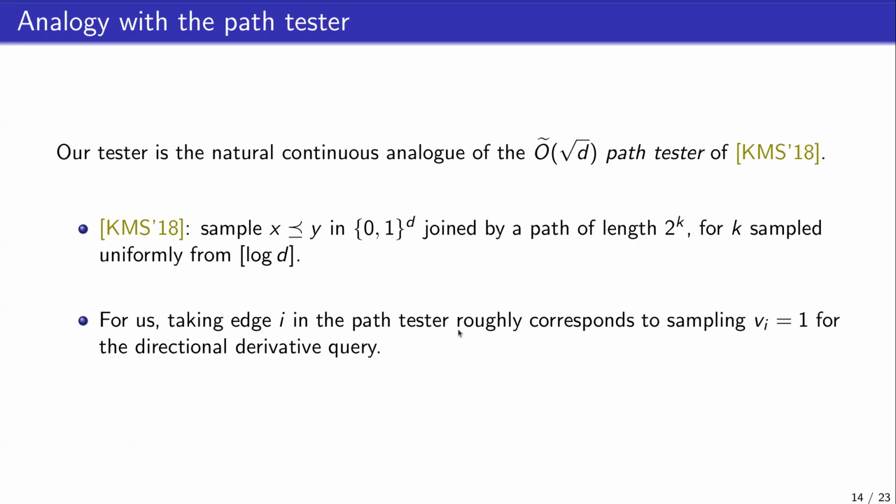Here, I'm choosing a length to the decay to be the number of entries in my vector v, in my directional derivative query. And then choosing the edge I in the path tester seems to be equivalent to choosing direction I in my directional derivative query. So there is a conceptual connection here, but I don't know about a formal connection, and I will leave that as an open question for the end. But that's all I want to say.